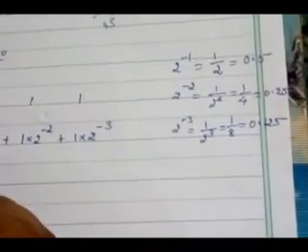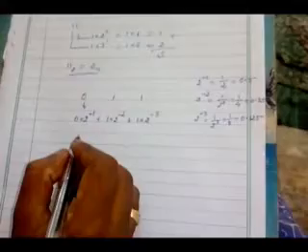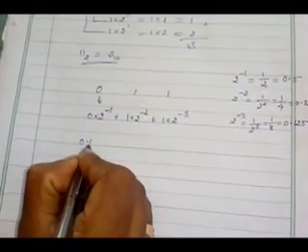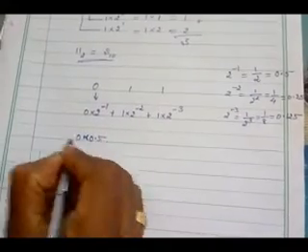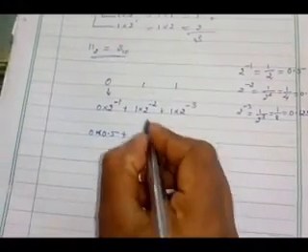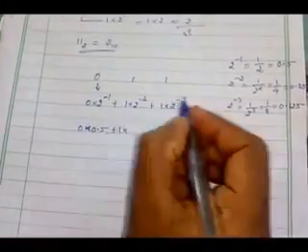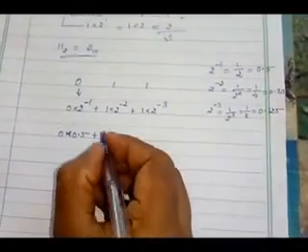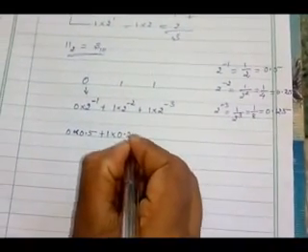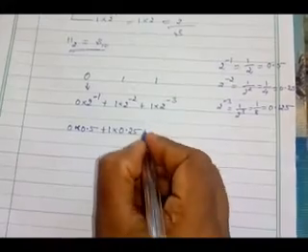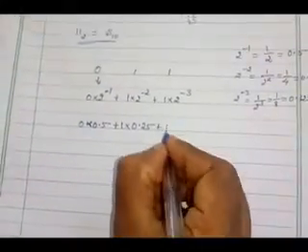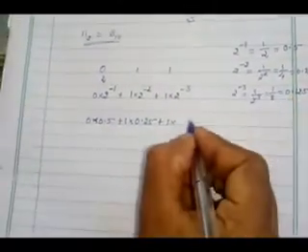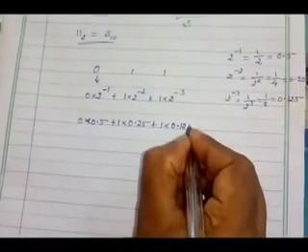Now we can apply these values here. 2 power minus 1 is 0.5, into 0; that term is 0. Okay. Next 1 into 2 power minus 2. 2 power minus 2 is 0.25. Is it correct? Then plus the next, 1 into 2 power minus 3, which is 0.125.